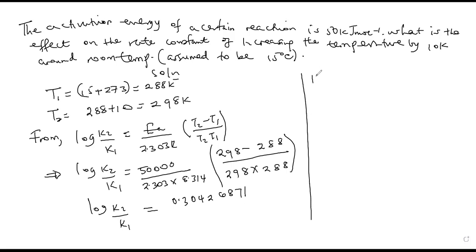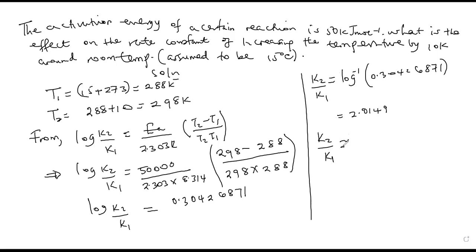So K2 over K1 is going to be equal to the antilog, or the log inverse, of 0.30426871. And this is going to give you 2.0149. Implying that our K2 over K1, the fraction, is approximately equal to 2.